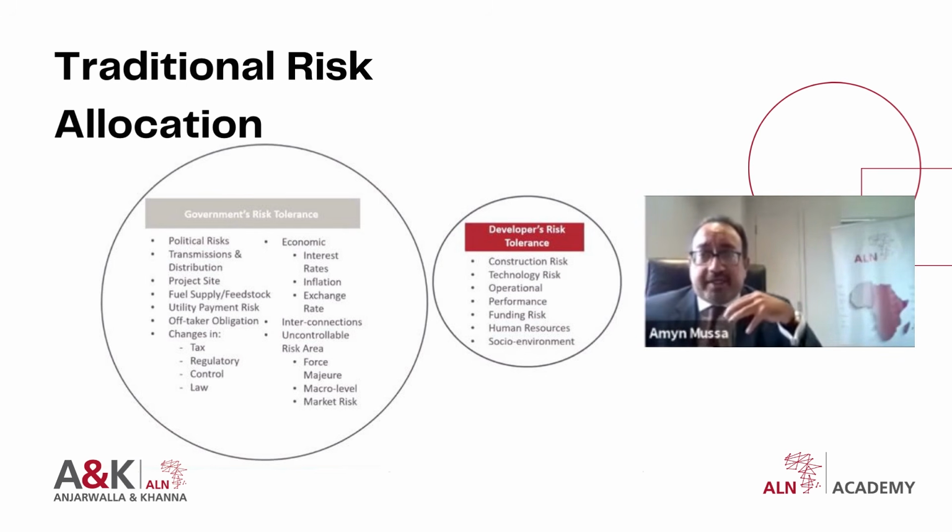And I think you can see just visually where traditionally the risk primarily sat, and that was with government. Government, notwithstanding the fact that it went through a PPP process rather than a traditional procurement process, found itself still taking the lion's share of risk.